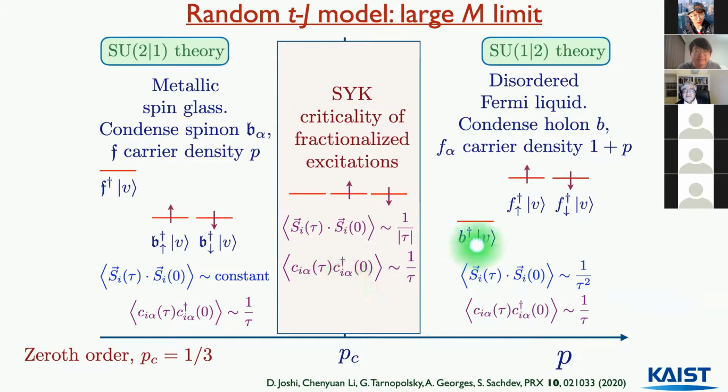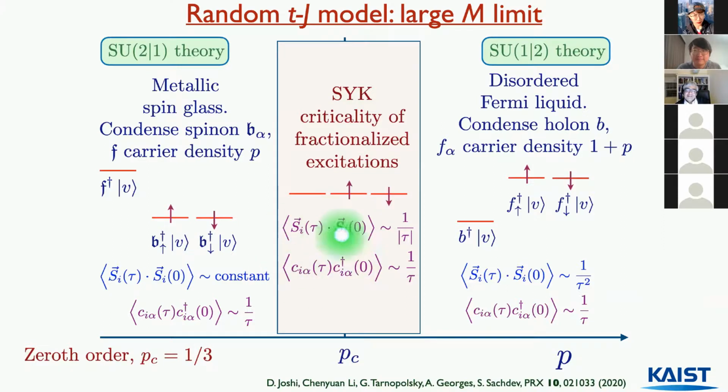C is F B dagger, and so that also becomes 1 over tau for the same reason. And the fact that these two exponents are the same is somehow related to this supersymmetry rotation. You can rotate this to this by a supergroup rotation. There is no real supersymmetry, but the exponents come out to be the same.